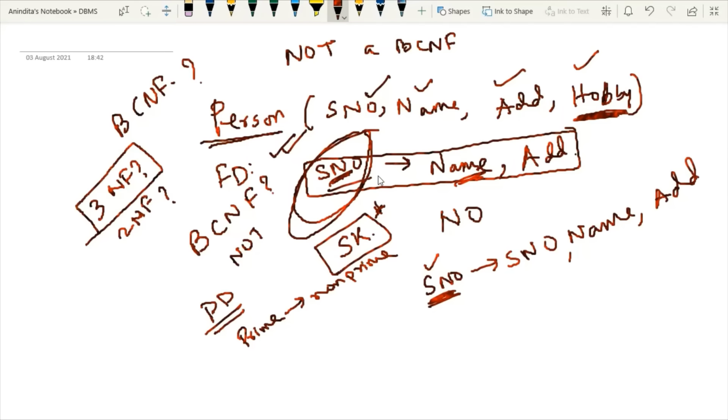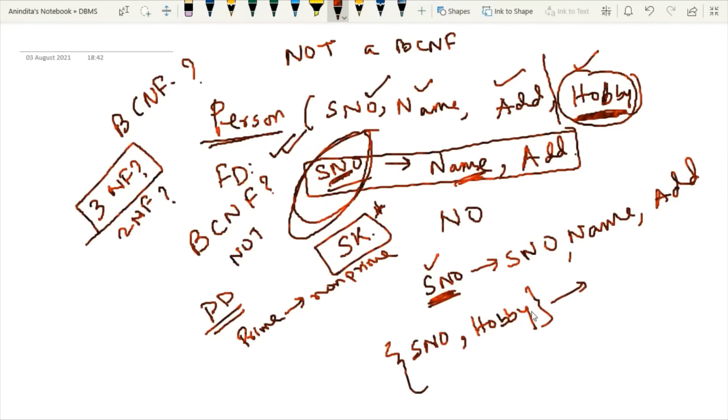From S number, up to this it is reachable. So how to reach the other attribute? I have to make a key like this: S number and hobby together. From S number and hobby, I will get S number and hobby, and from S number, name and address are reachable.